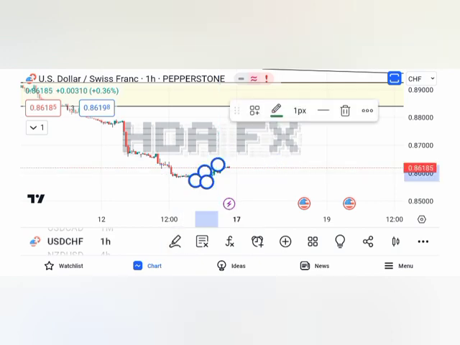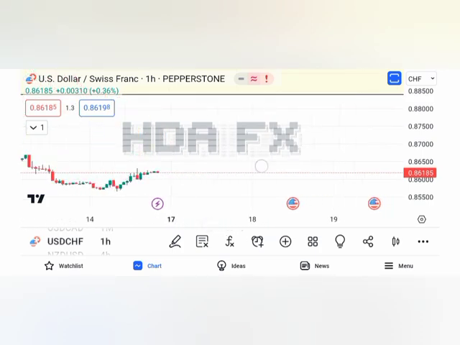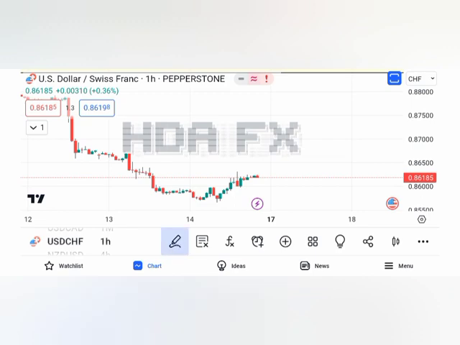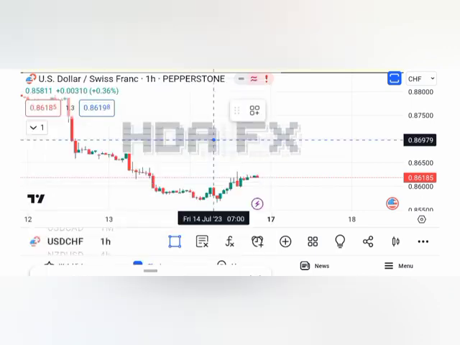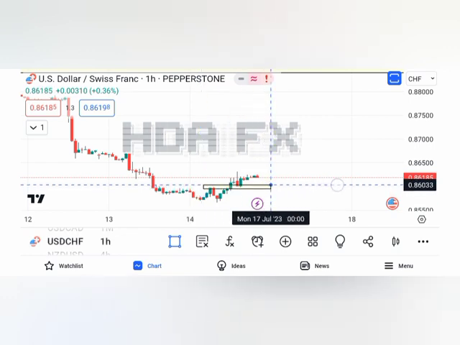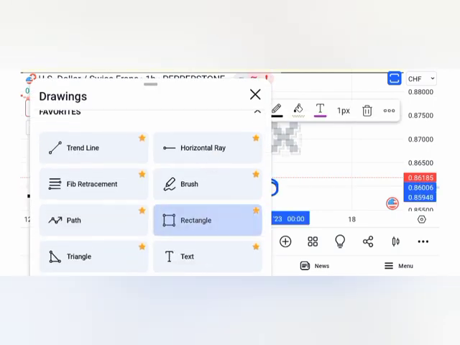So now let me try and draw some key levels here on the 1-hour time frame. We have this structure here where price came to retest. Price broke the structure upwards, then came to retest, and now we have another structure here.